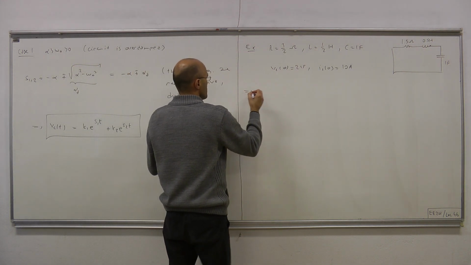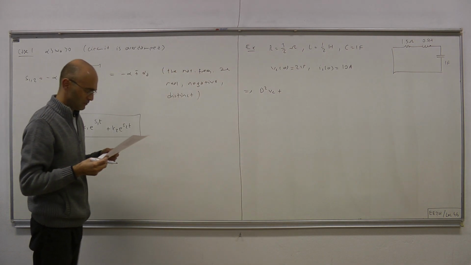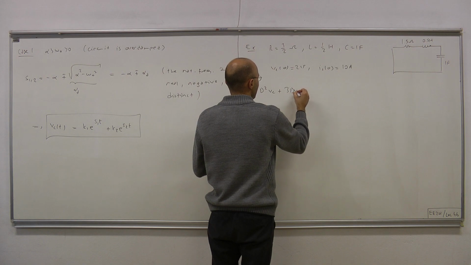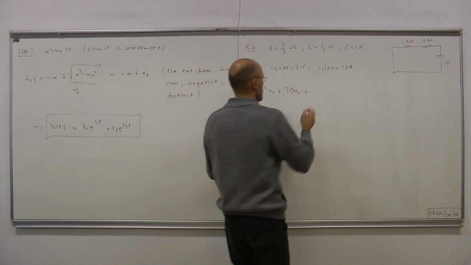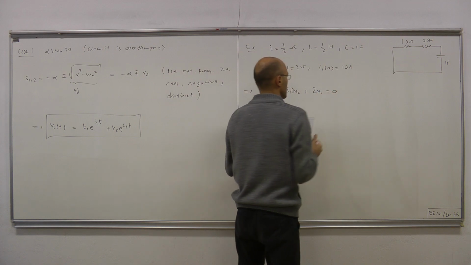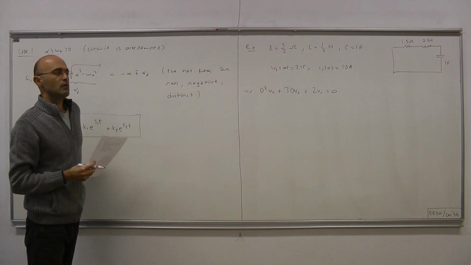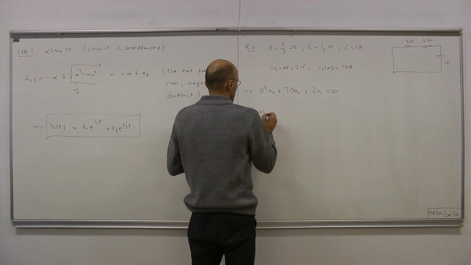So the differential equation yields d squared Vc plus R over L dVc plus 1 over LC Vc equals 0. Okay, so that's the differential equation describing the evolution of the capacitor voltage. And how about the initial conditions?